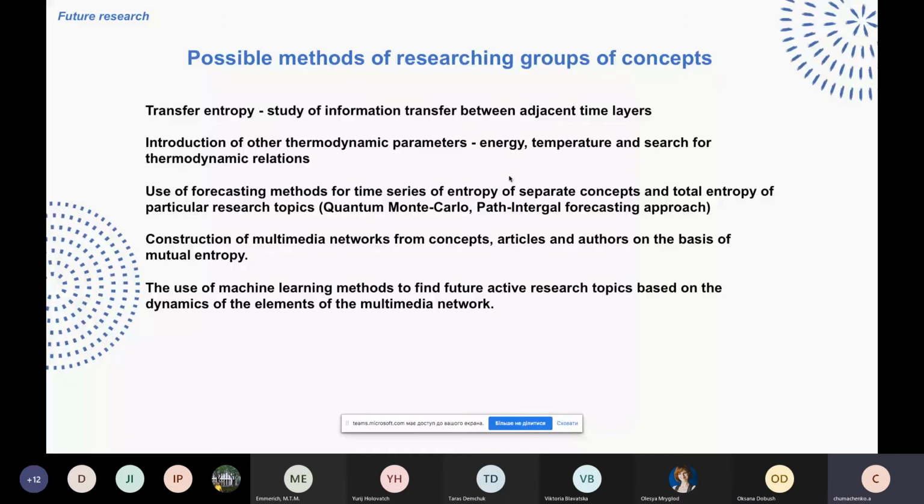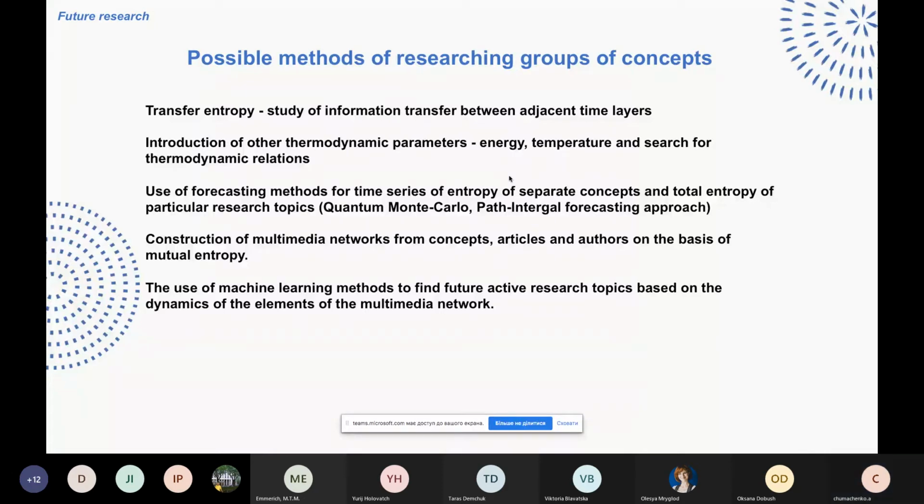And another direction of research that we're discussing here is machine learning methods to find the future active research topics. But the most interesting is to think how we can, for example, for a certain hot topic, make a machine learning algorithm write a new paper out of it.